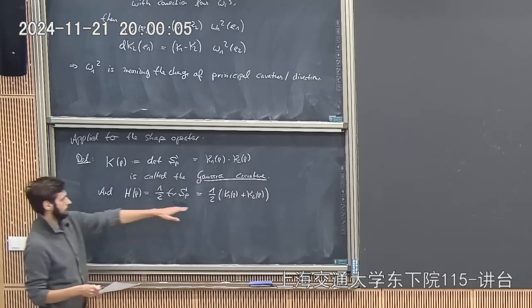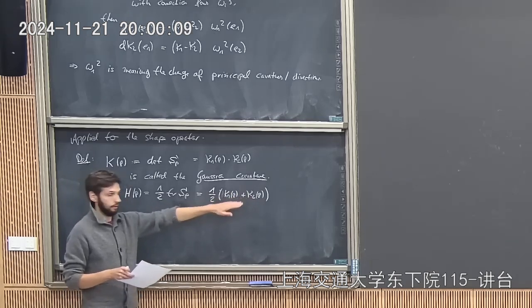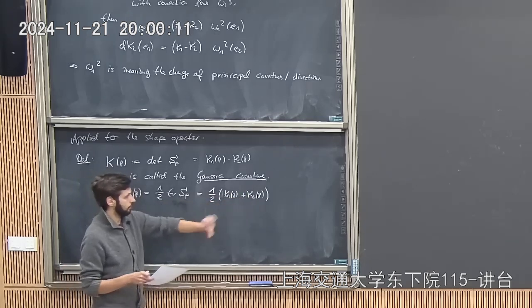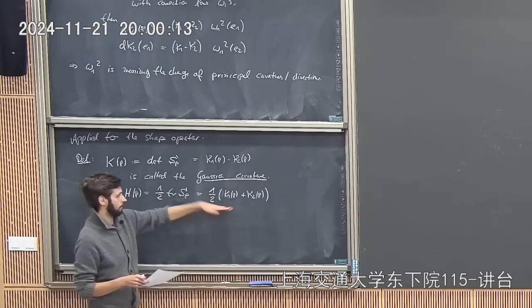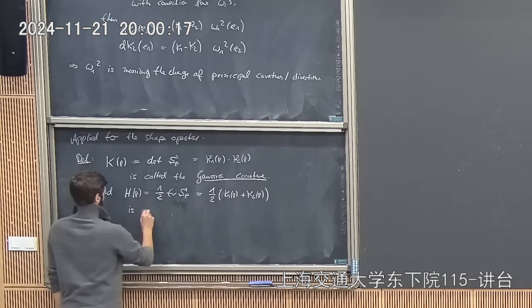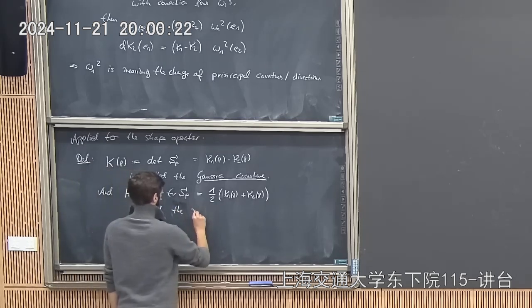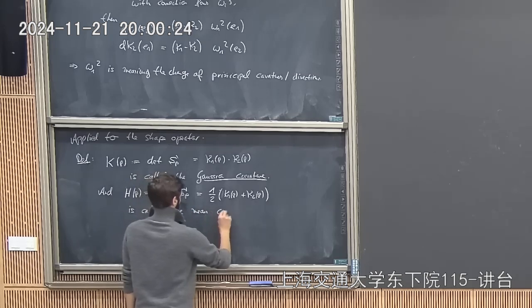Because it's essentially taking the mean value of these two values, kappa 1 and kappa 2, the middle value between them, this one is called the mean curvature.